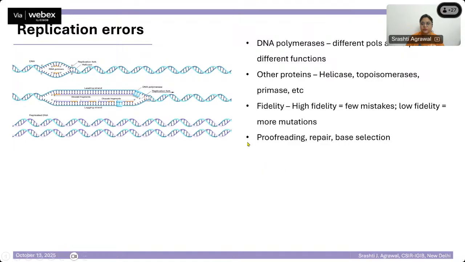And for each polymerase, there is a specific fidelity which is defined as the ability of the polymerase to make sure that no mistakes occur. High fidelity means that there would be fewer mistakes while replicating, and low fidelity means that there would be more chances of mutations being incorporated.